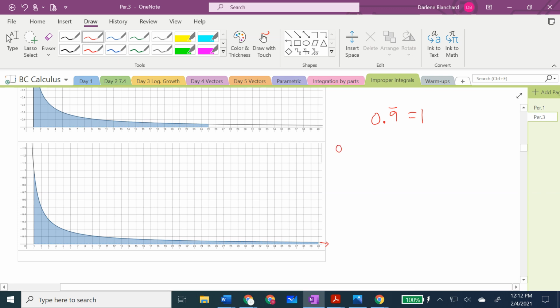But the idea of infinity is that there isn't. So I can write 0.9, but if I add another 9 on, I have a bigger number. If I add another 9 on, I have a bigger number. I can do this forever.